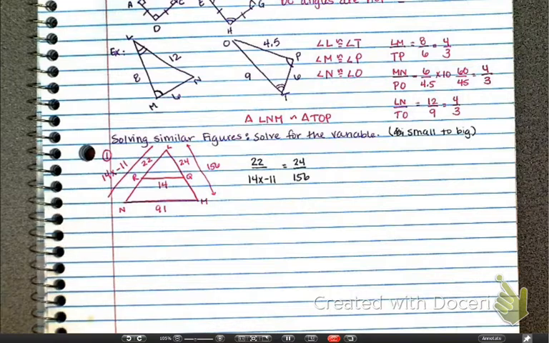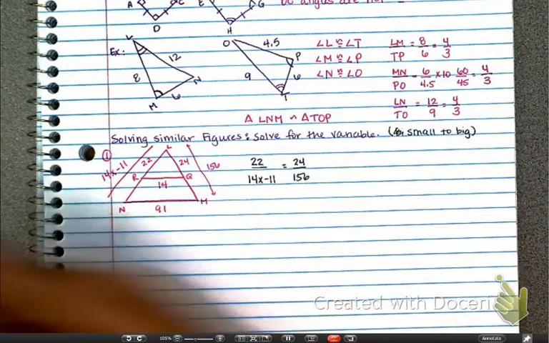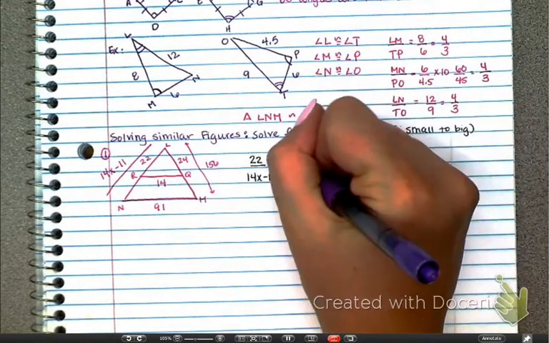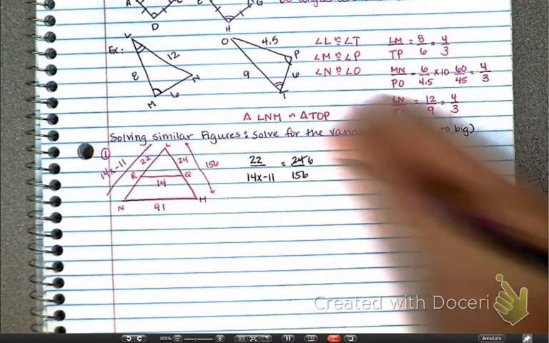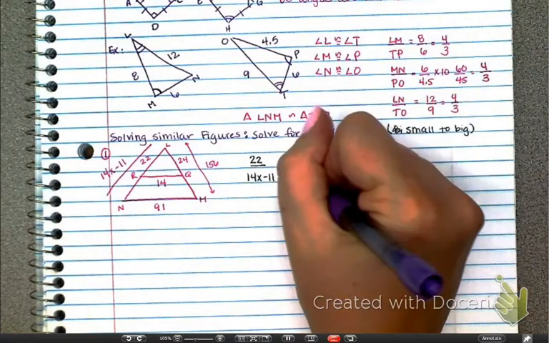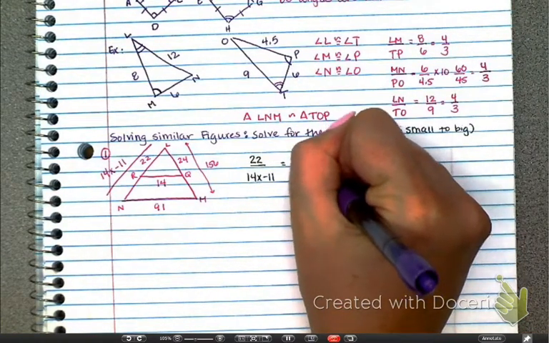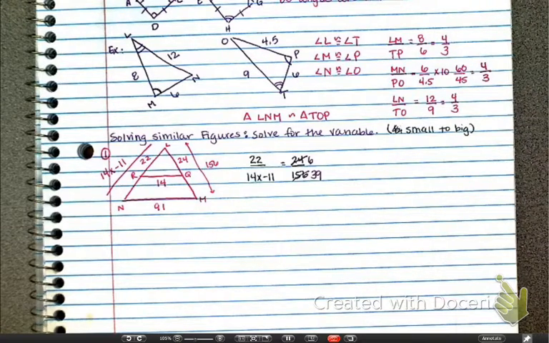No. Is there a number that we can simplify that by, do you think? 4? 3. 4 goes into both. So I'm going to just simplify it now so I don't have to worry about it later. 4 goes into 24 6 times. 4 goes into 156 39 times. So now my numbers are a little smaller.